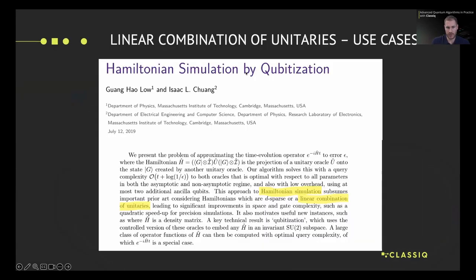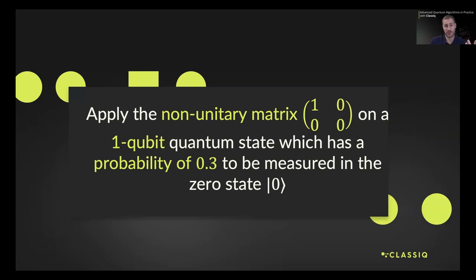So I will show briefly how you can view the tutorial on the platform, but first the homework assignment, which is for submission. What you need to do can be stated quite easily. You should apply a specific non-unitary matrix on a 1-qubit quantum state, which has a probability of 0.3 to be measured in the 0 state.